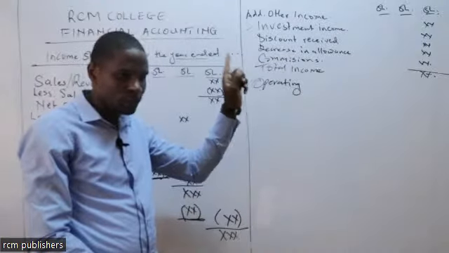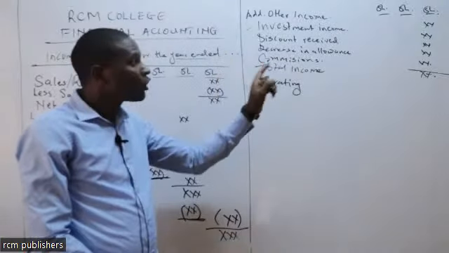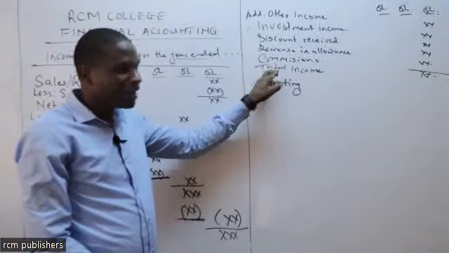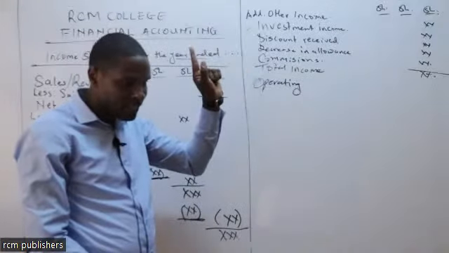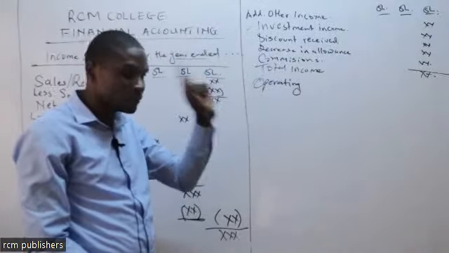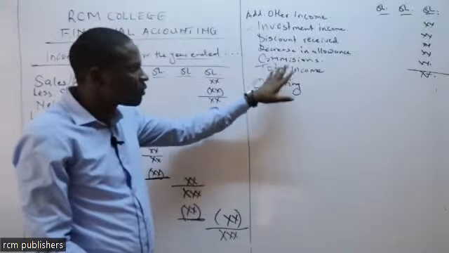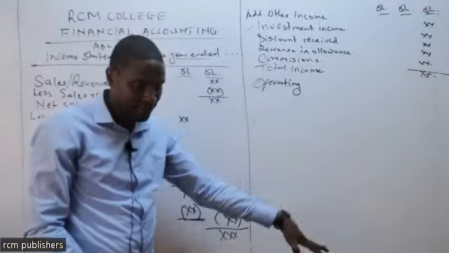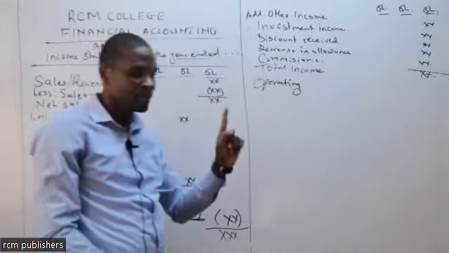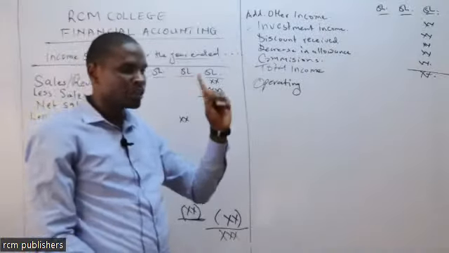How does commission come to that category? Commission, or it can be commission received. Very nice question. On the other side, you can have commission paid. It can be an expense. Are we together?